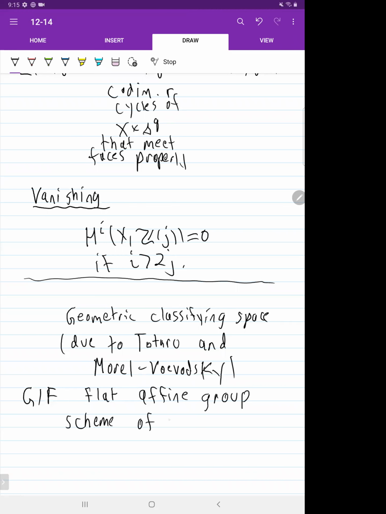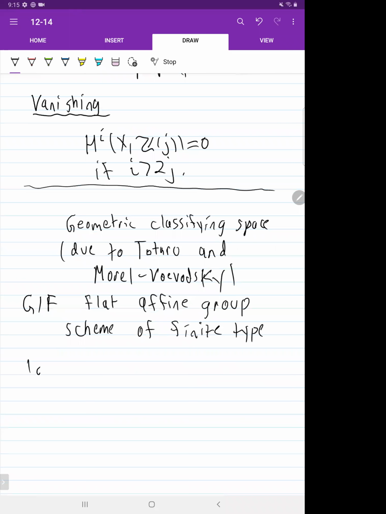And here we're going to allow non-smooth group schemes, since that's what this talk is going to be all about. So you can still make the following definitions. The idea is that we want to approximate. So a classifying space doesn't exist as a variety, but we want to approximate BG by smooth fppf quotients. I'll just write quotients.